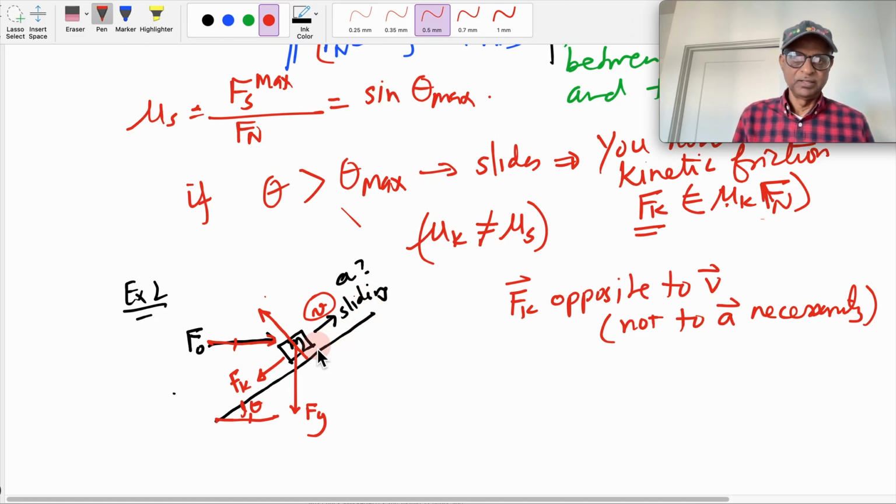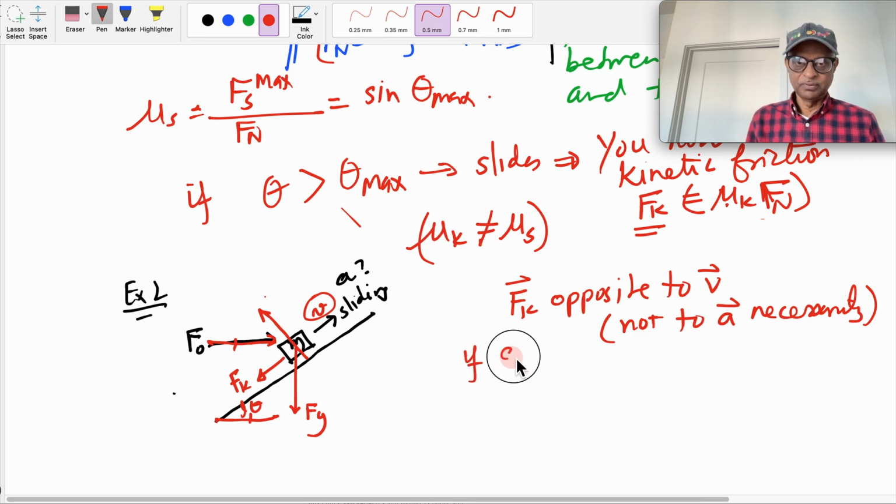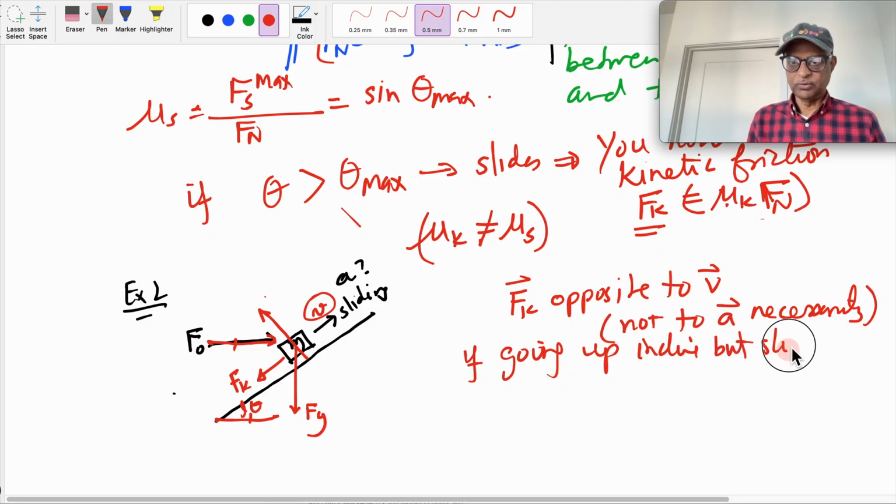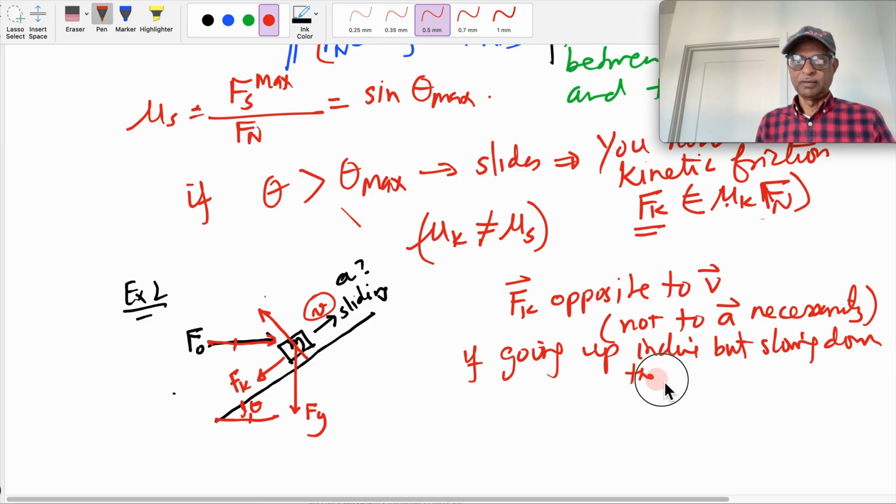Maybe the acceleration is up, or maybe it's going up but slowing down, in which case the acceleration points down. If going up the incline but slowing down, then the acceleration is pointed down.